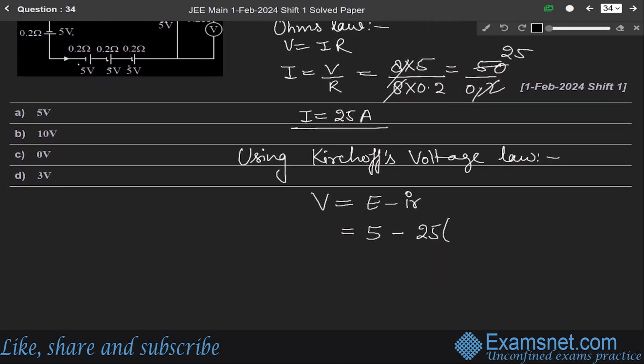So we get 5 minus 25 into 0.2, which is 5 minus 5, and that equals 0. So the correct answer is option C, 0 volt.